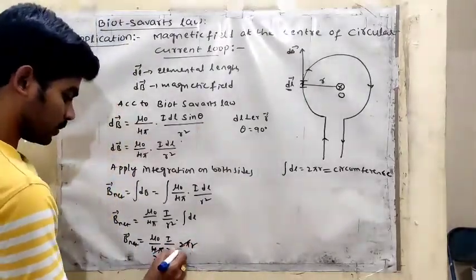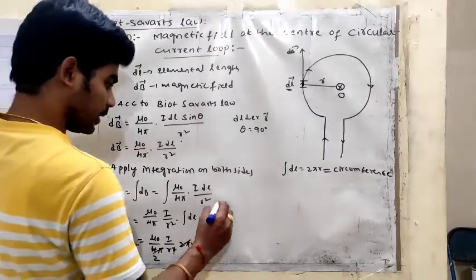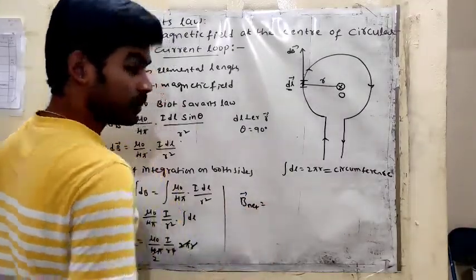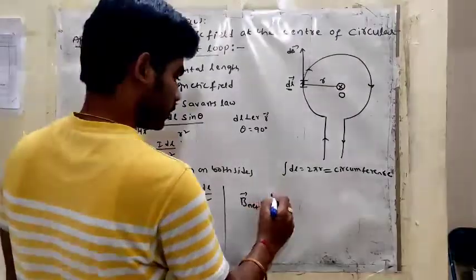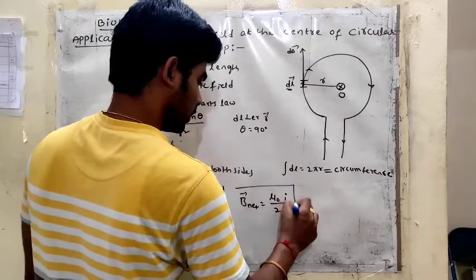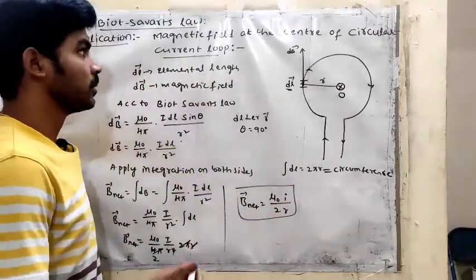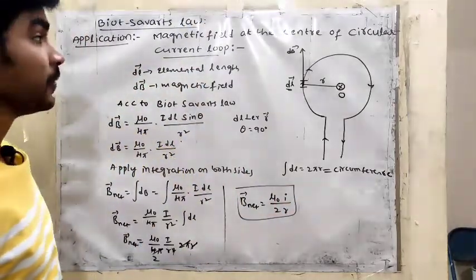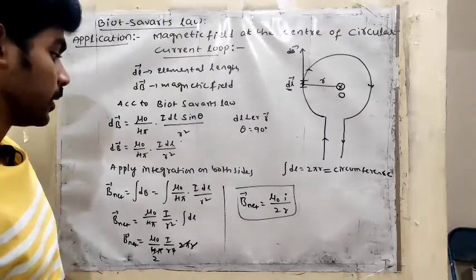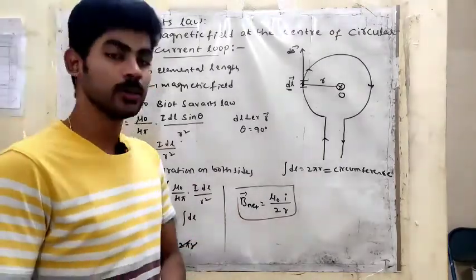The 2 and the r cancel. So what is the net magnetic field? B net is equal to mu naught I by 2 r. This is the formula for the magnetic field at the center of a circular current loop.